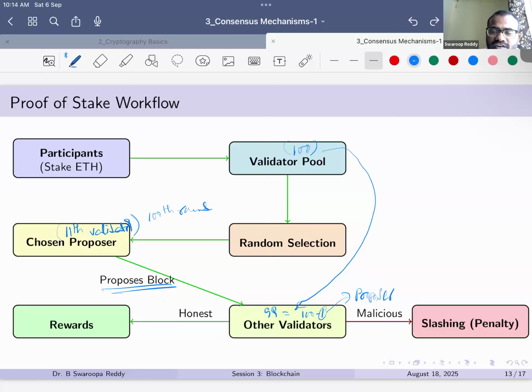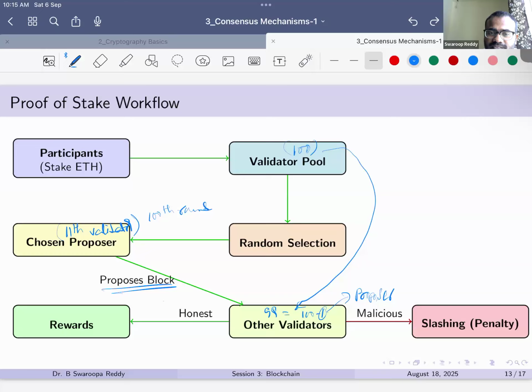Then someone votes for my block also. If Manat has voted for two blocks, Arnav's block and my block, then he will be slashed. He will be punished. Some money deposited by Manat will be deducted from the deposits. That is called slashing.